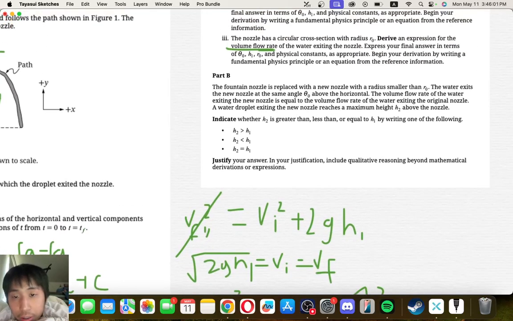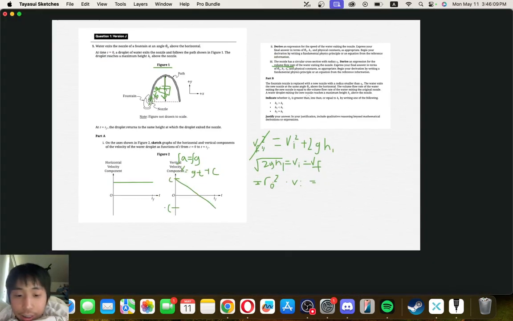Let me read it again. Exiting the volumetric flow rate. Like I know. I know it's constant. That's all I know.